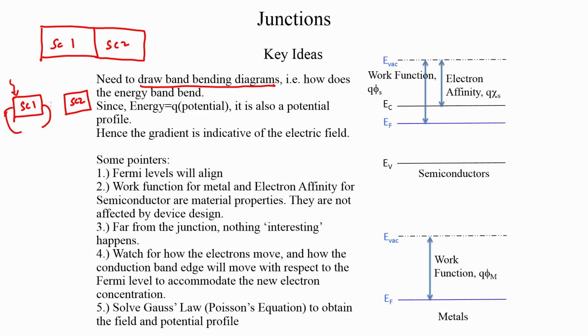We have studied all this with respect to a semiconductor in thermal equilibrium and non-equilibrium. But now we want to see what happens when you bring these two semiconductors in contact with each other. This is what is called the junction between the two semiconductors, and we want to see what the physics is in and around the junction.